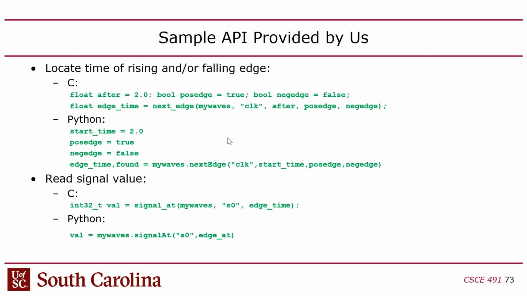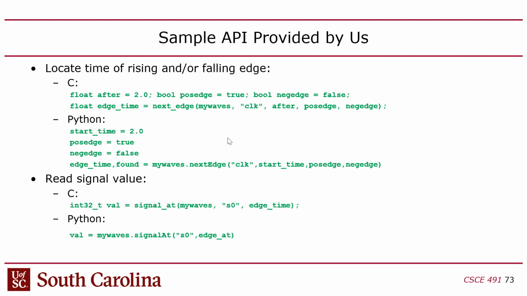There are basically just 2 functions you need at that point. There is a function called next edge, which returns the time, as a float, in seconds, of the next edge starting from this parameter called after, right?